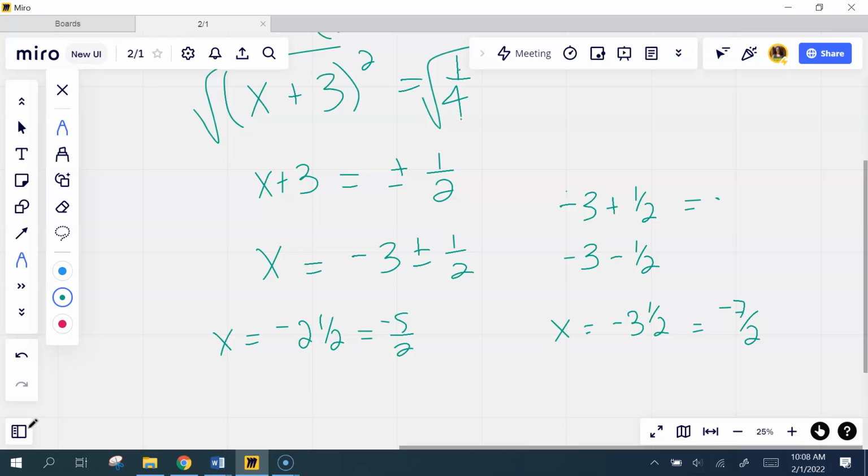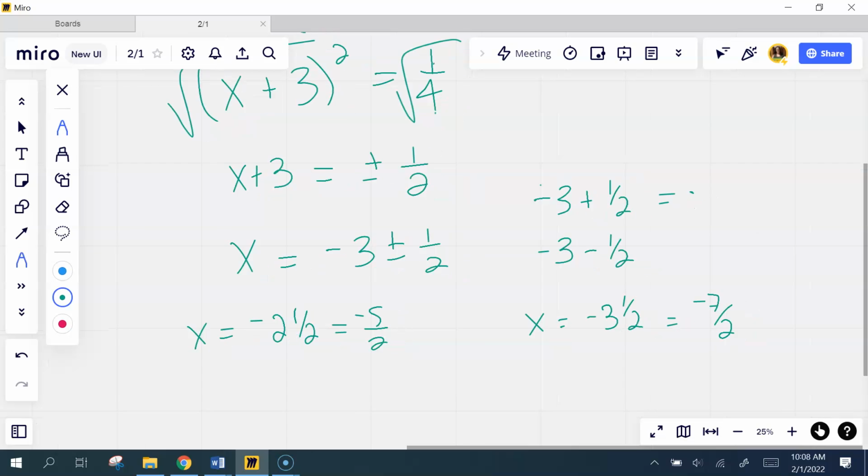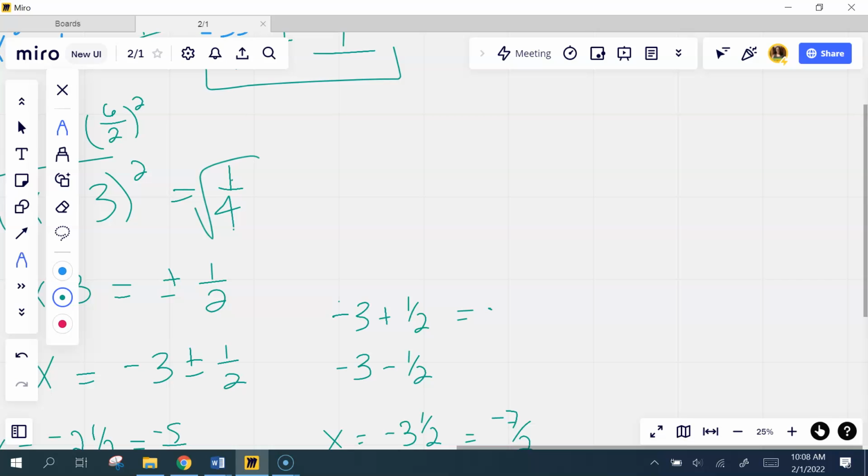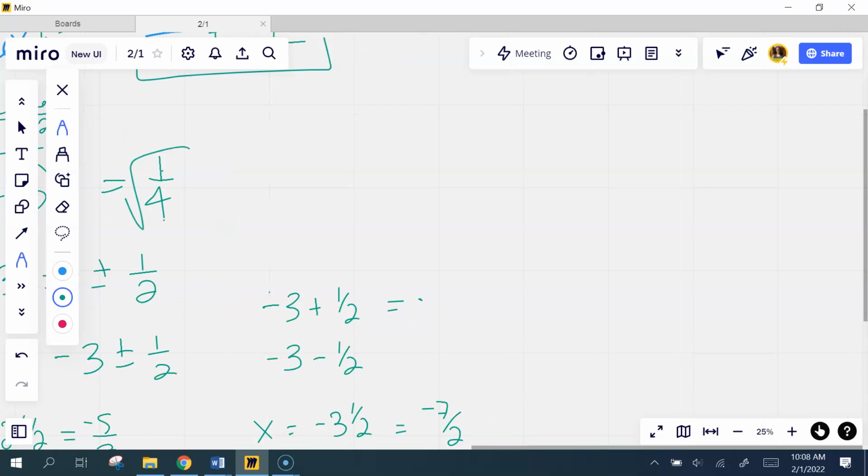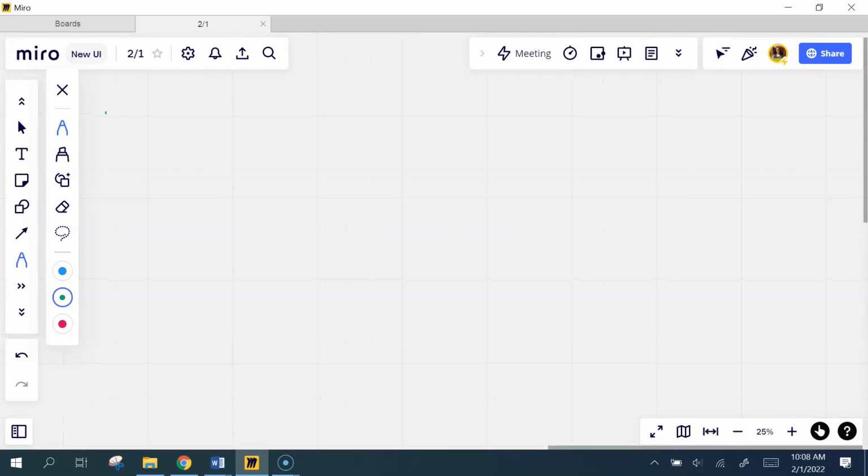We're completing the square. They're completing the square too. They're doing good. What else on your homework? 12. I heard 12. Could be.